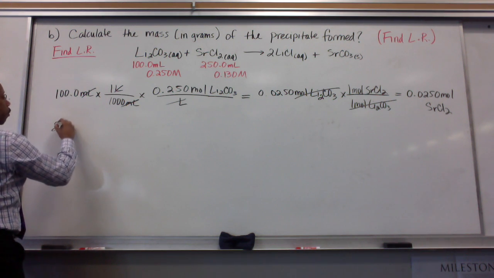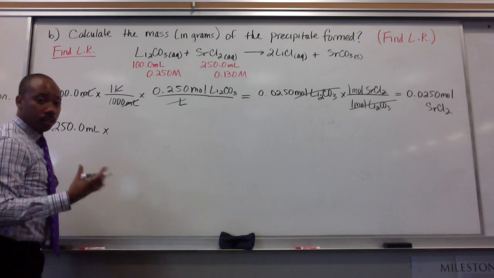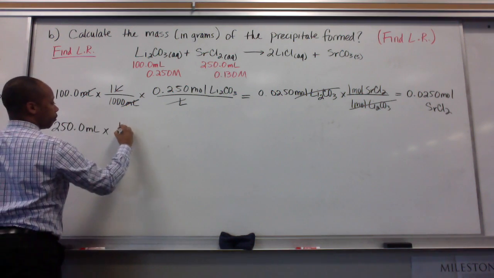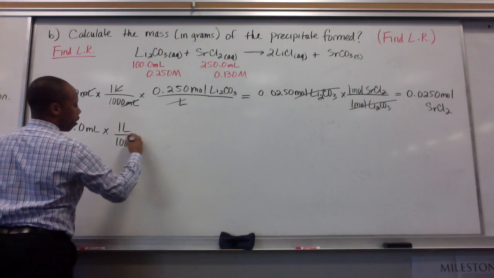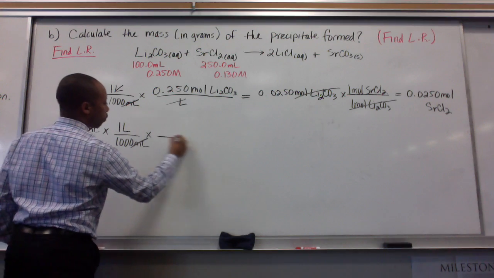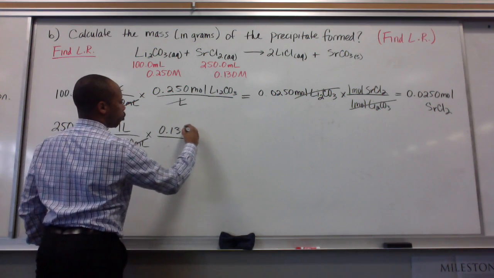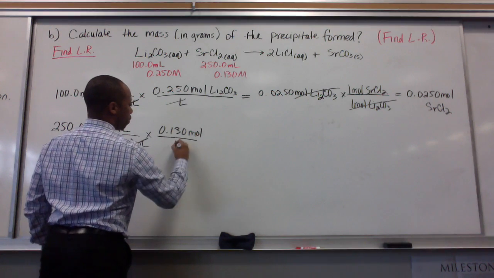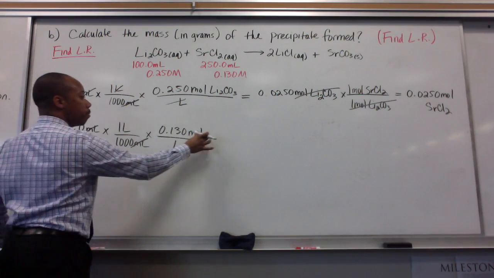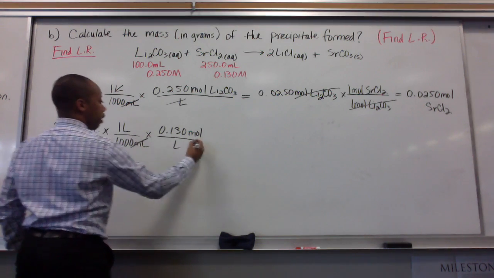So I take my 250 milliliters, I convert it to liters. For every 1 liter, I have 1,000 milliliters, so I have units in liters now. And I'm going to multiply times the molarity, or the concentration, that's in moles per liter, in order to figure out how many moles of strontium chloride I actually have.